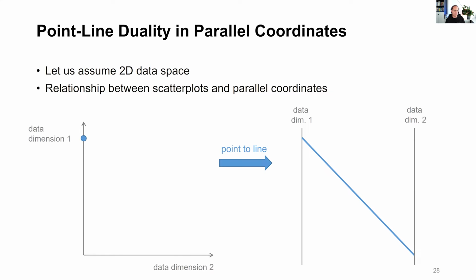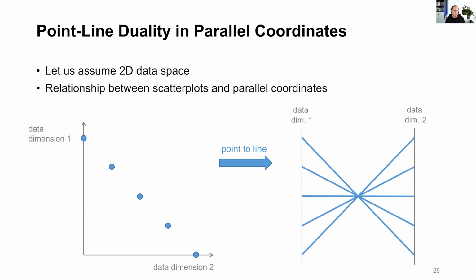And what we can do now is, of course, just one data item is a little bit boring. We can add more. And you can see that I didn't just arbitrarily choose data points. I specifically chose them so that they're sitting on this kind of straight line over here. So in other words, in the scatter plot, they form a perfect linear correlation.